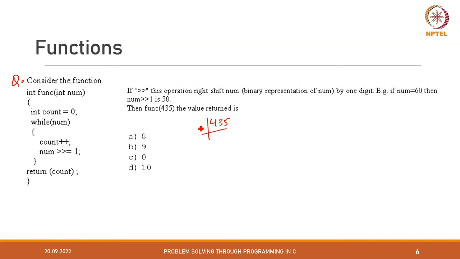So we have 217, right? This should be 217 into 2, 434. So 217, right? And the remainder of 1. Is that correct? So this should be 108 with a, okay, yeah, probably.